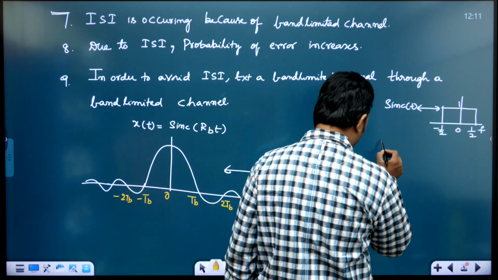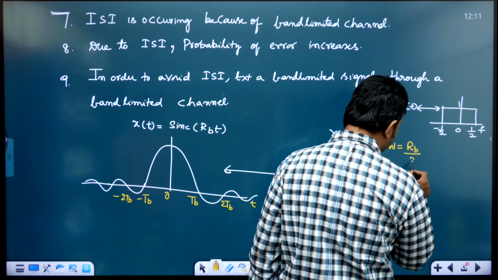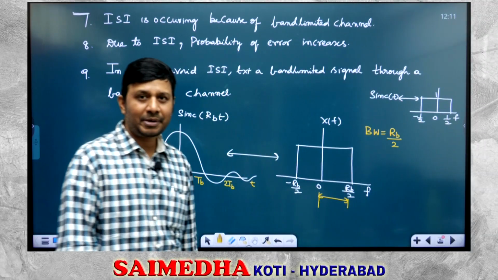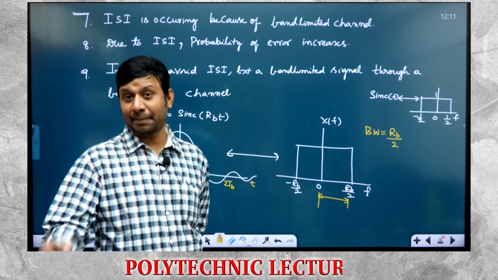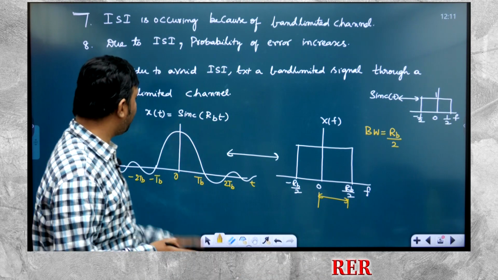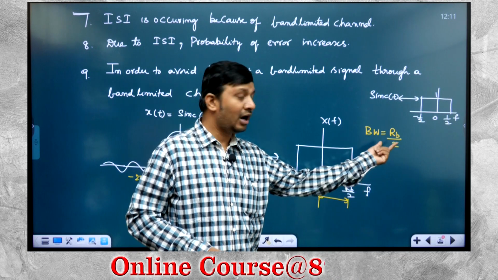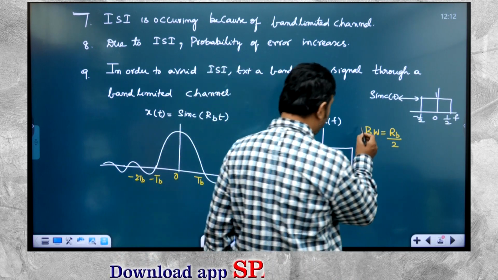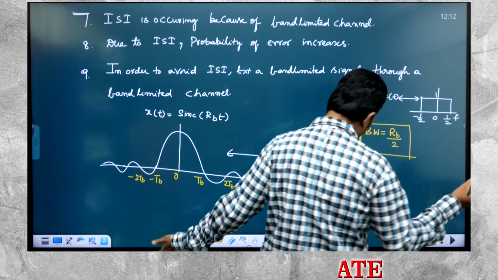So here the bandwidth is how much? RB by 2. Congratulations. Why? Because if you use a rectangular pulse, the bandwidth is RB. If you use a sinc pulse, the bandwidth is reduced to RB by 2. One advantage I got: my bandwidth decreased.